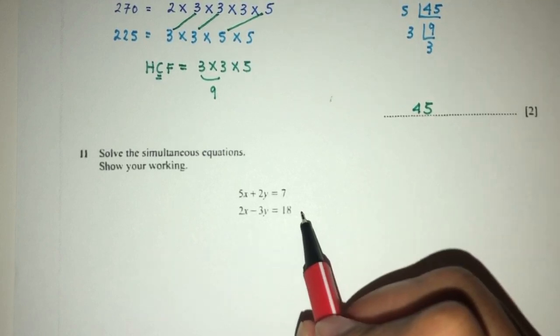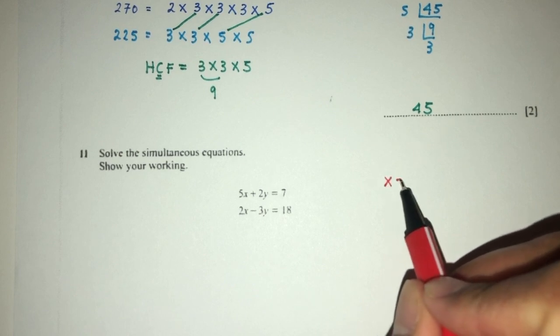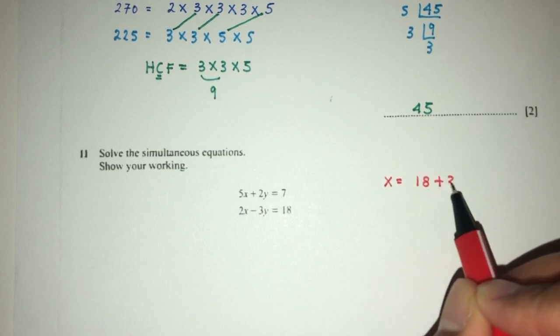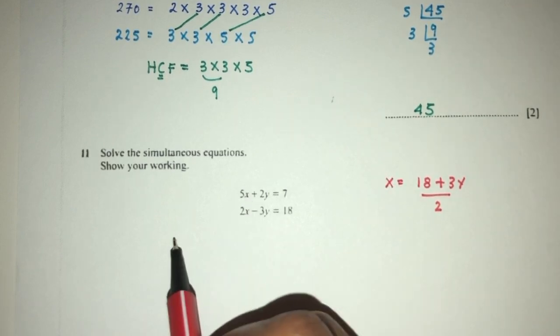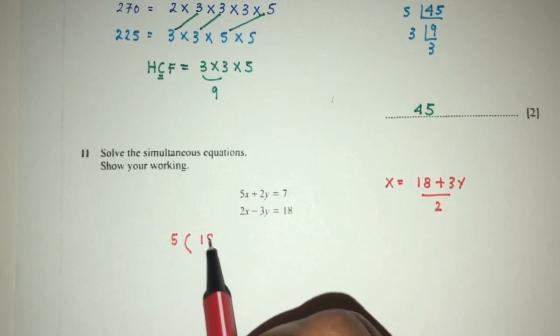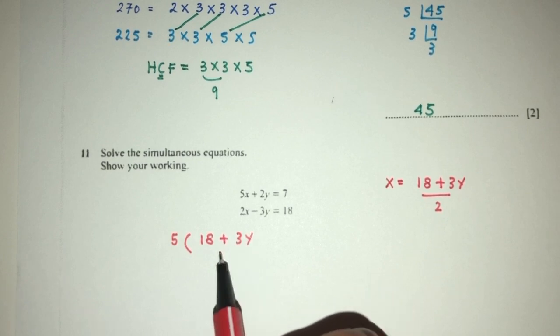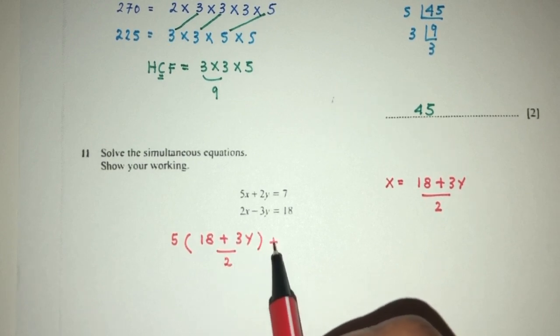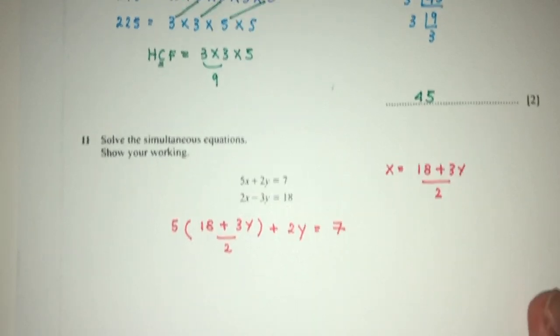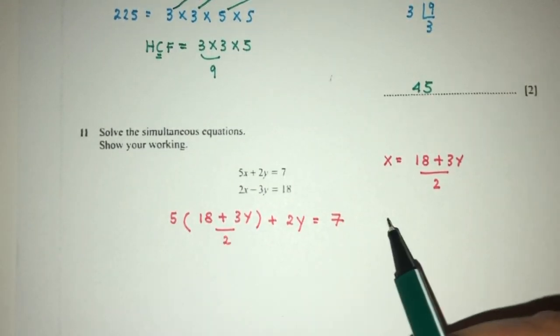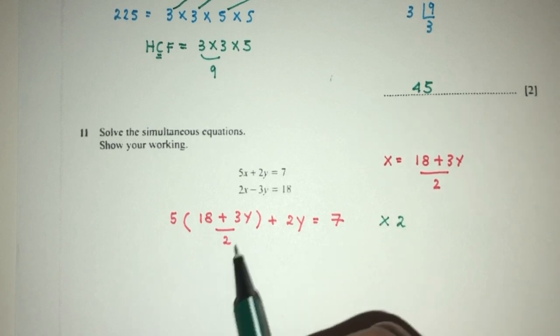Let's first make x the subject. x will be 18 plus 3y over 2. Now replace x back here: 5 times (18 plus 3y over 2) plus 2y equal to 7. Since we have 2 here, I can multiply by 2 everywhere to eliminate it.